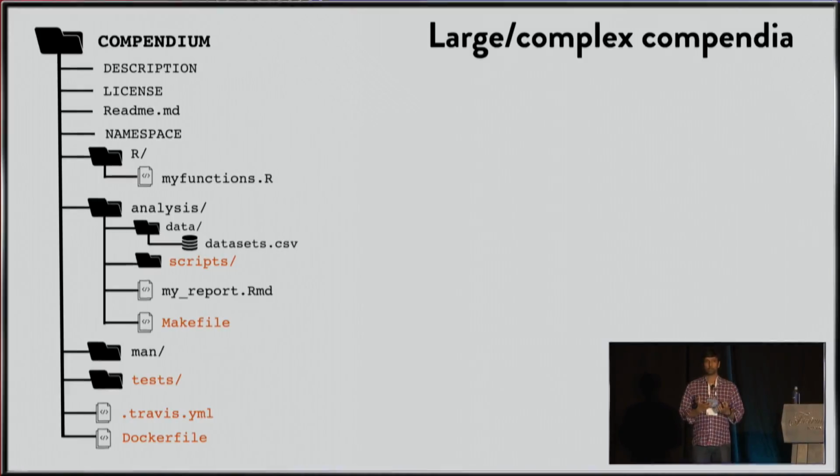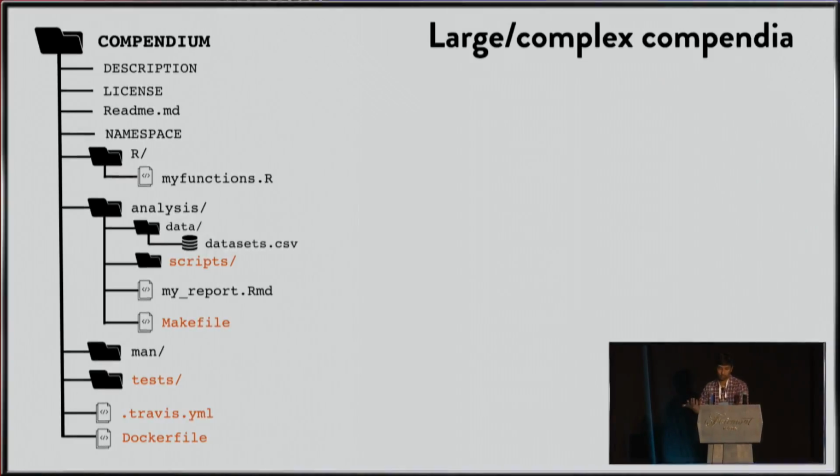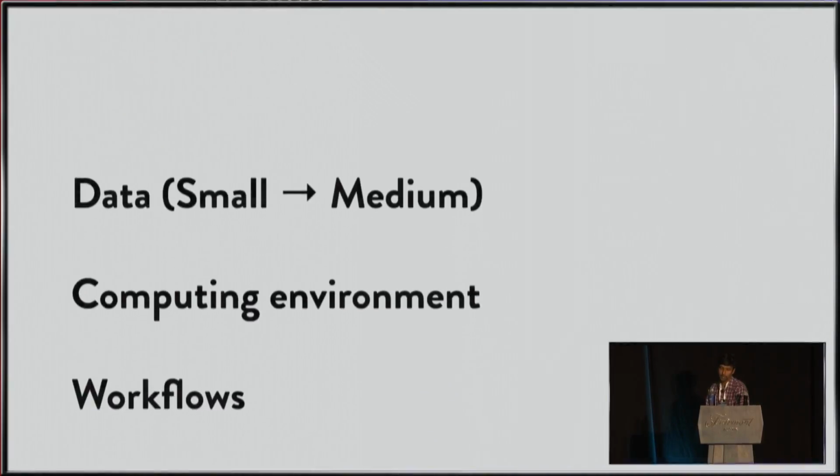So you need some sort of workflow, and in this case, that is a makefile. And then because your project's dependencies can change over time, and the same package can have API changes over time, you need to capture your computing environment, and in that case, I have a Dockerfile. So you will have to decide what level of complexity you want for your compendium.